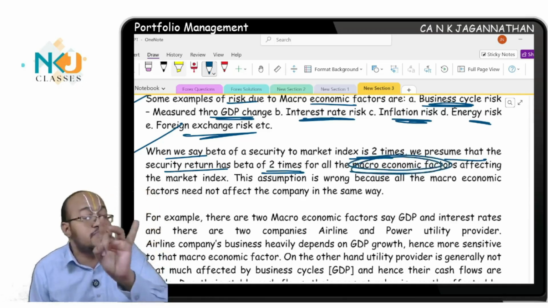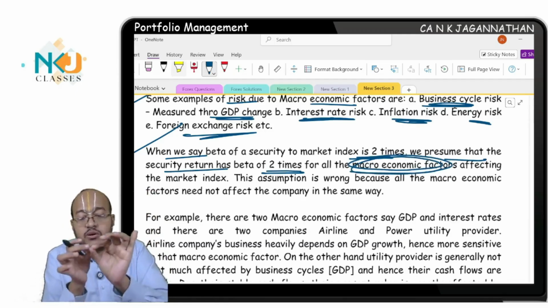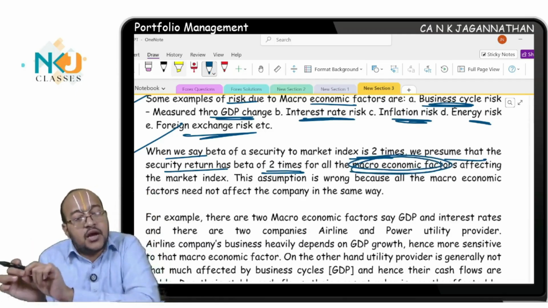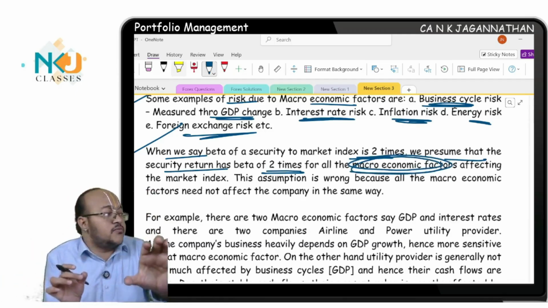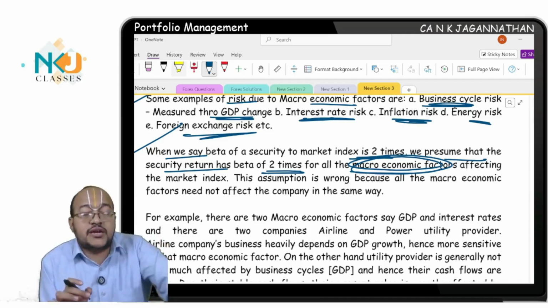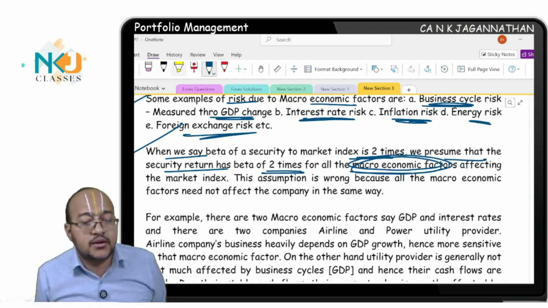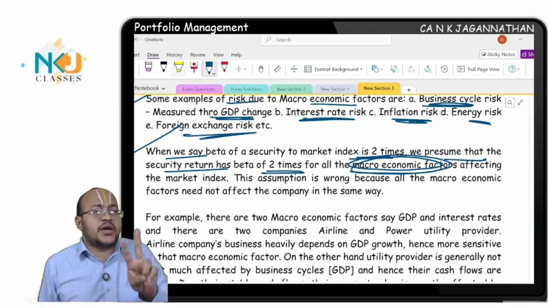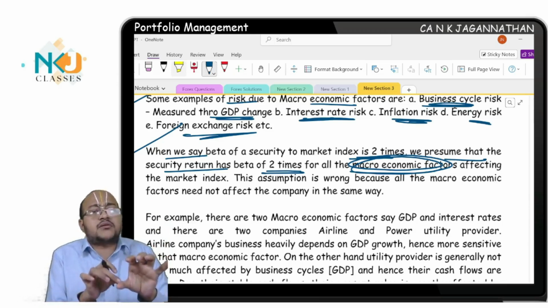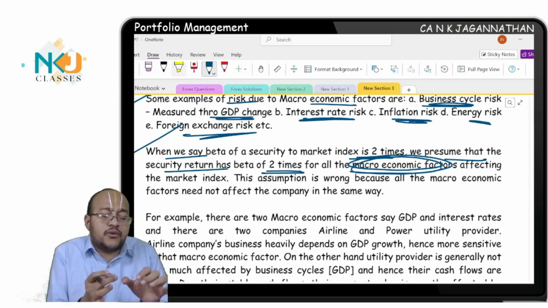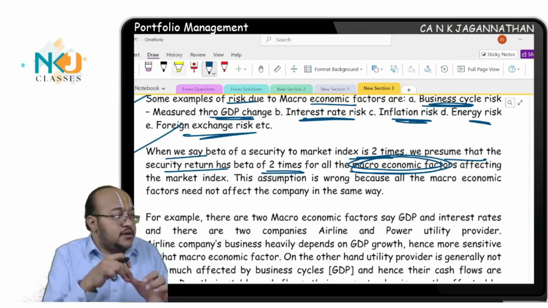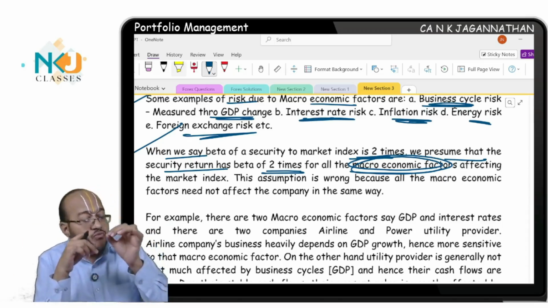If you just consider 1 beta, calculated using the market index, you are assuming the market index is the only variable affecting the security return, correct? Which means beta of 2 times means the impact on the security's return from the macroeconomic factors will be one and the same.